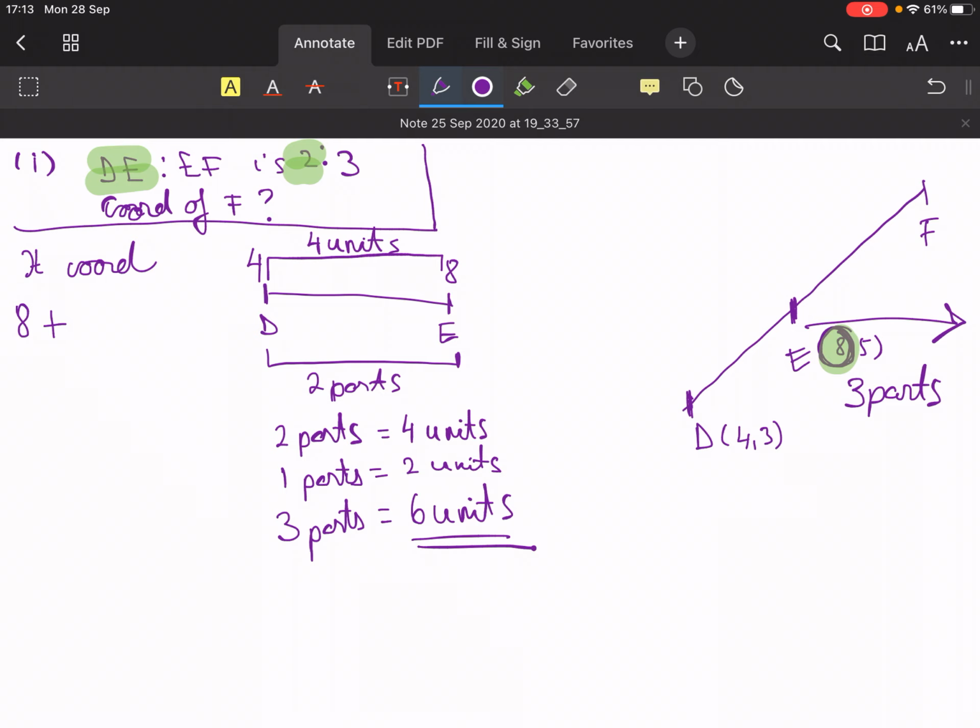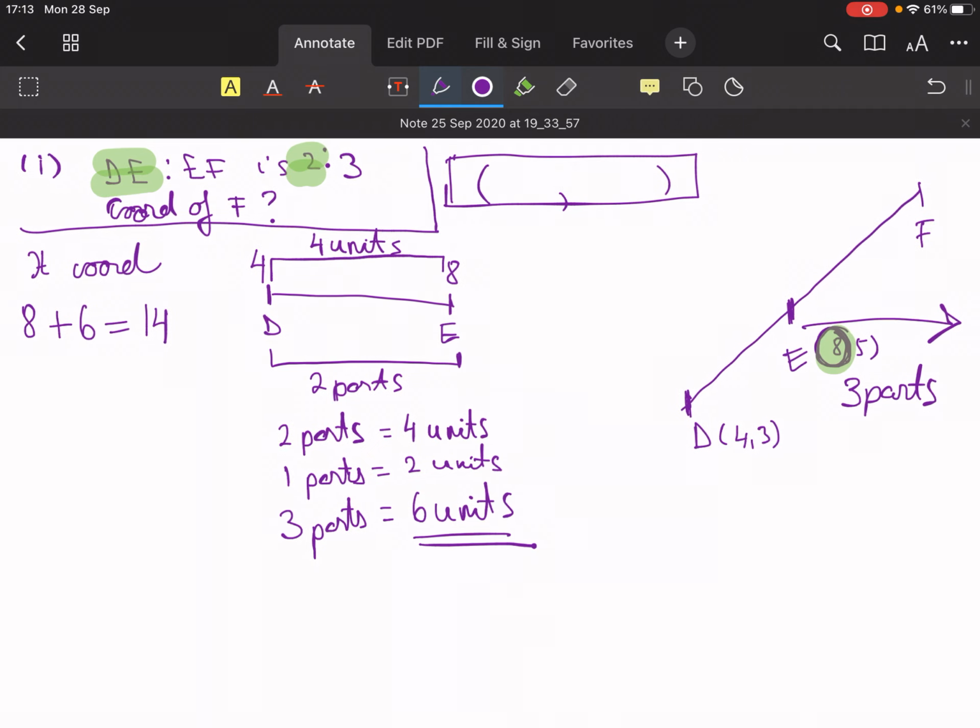So I need to add 6, and that gives me 14. So that means the x coordinate, I'm going to put my answer here at the top in this box. So my answer needs to look like a coordinate, obviously. And I just worked out that the x coordinate is 14. So if you tried it and you got 14, then well done you.